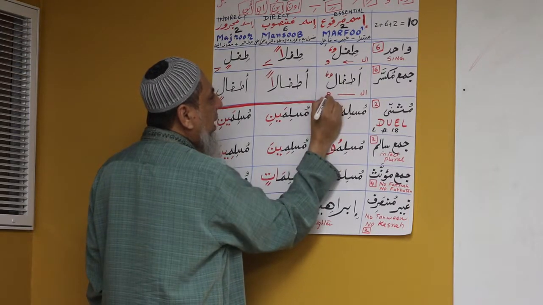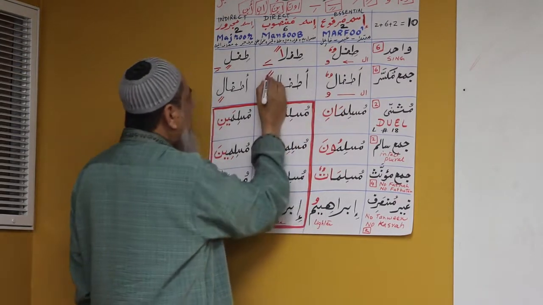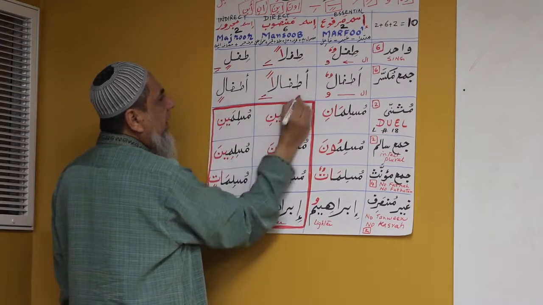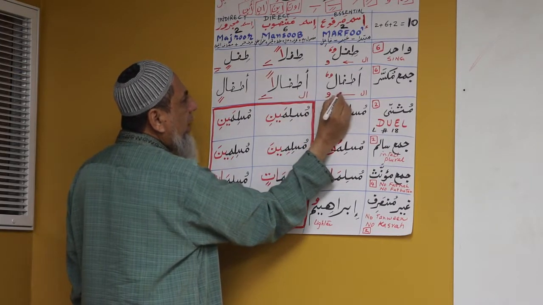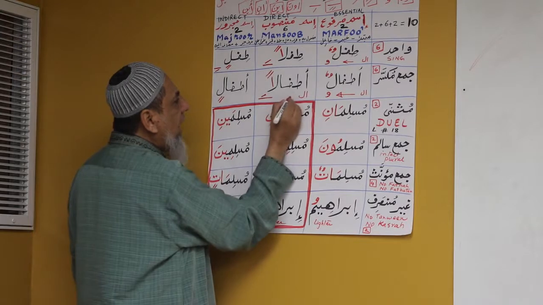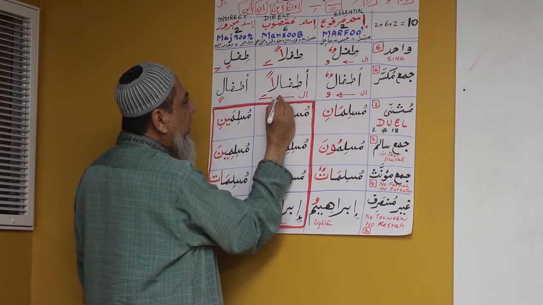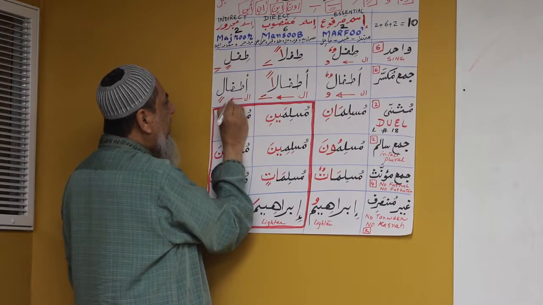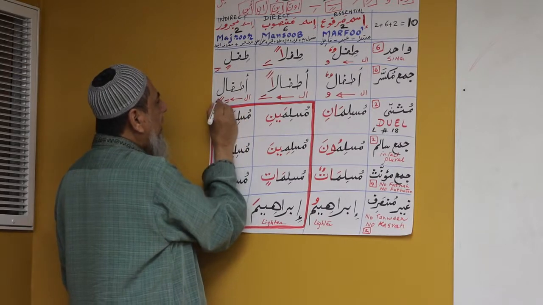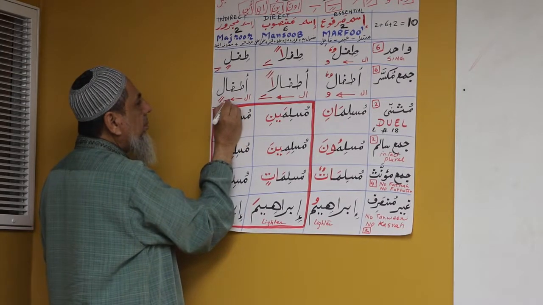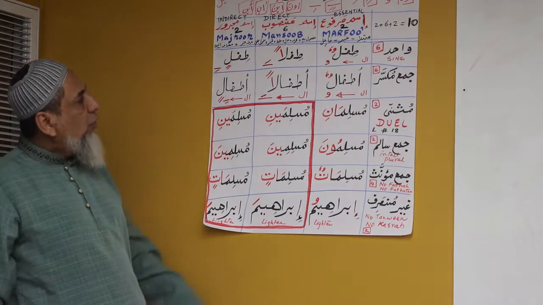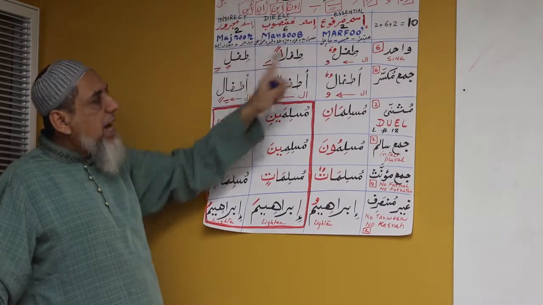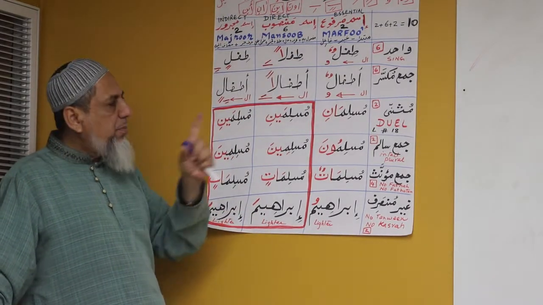So dammatan will become one dammah, fathatan one fatha, and kasratan one kasra. These are called i'rab of the noun, the last part of the noun indicating the position.